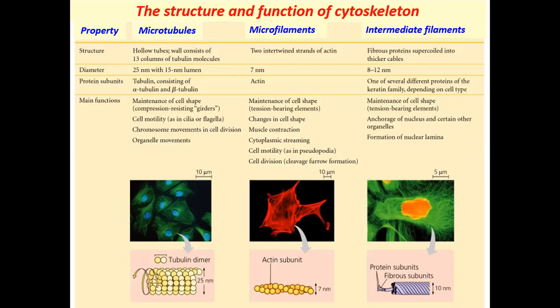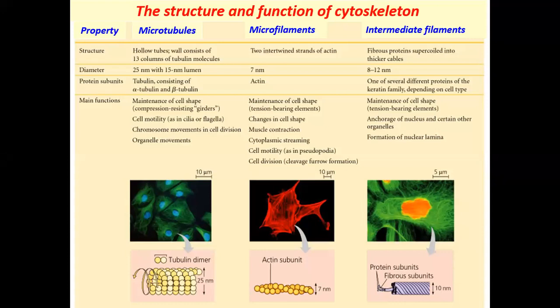The monomeric protein is actin. The major functions are maintenance of cell shape, changes in cell shape, muscle contraction, cytoplasmic streaming, cell motility, right? We call it pseudopodia, and cell division, cleavage furrow formation when the cell divides into two cells.